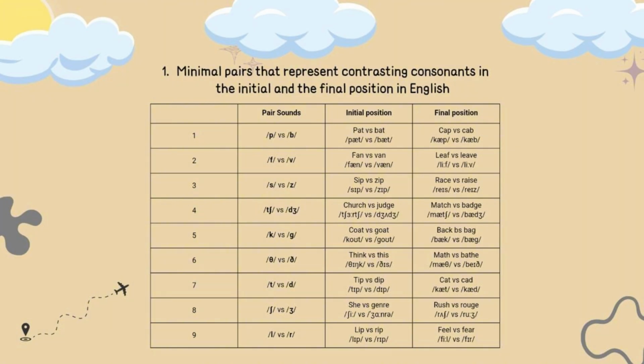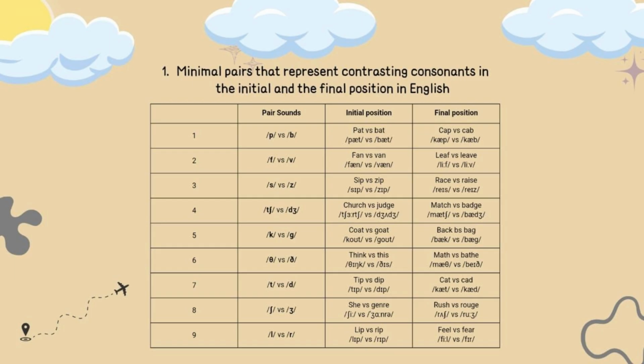F is voiceless and v is voiced. Now, s and z. Both are alveolar fricatives, made by bringing the tongue close to the alveolar ridge, right behind the top front teeth, and forcing air through. S is voiceless and z is voiced.